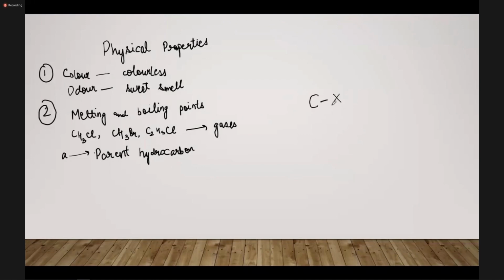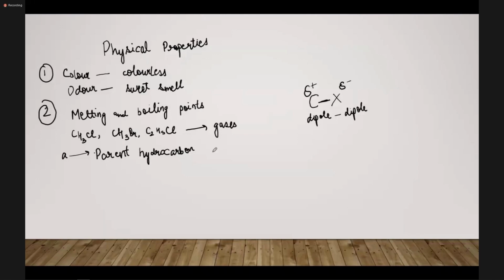When we discuss that the C-X bond has polarity, that means carbon has partial positive and the halogen has partial negative charge. The interaction between these because of these partial charges is known as the dipole interaction. And the van der Waals forces are also a very weak kind of forces of attraction. So these two forces are considered here.